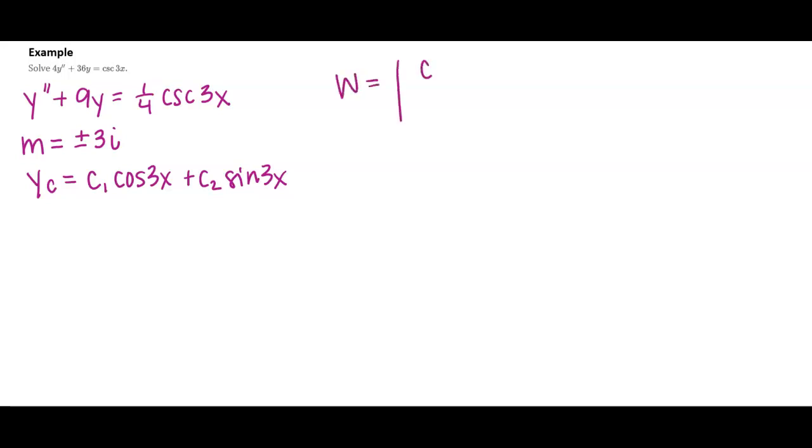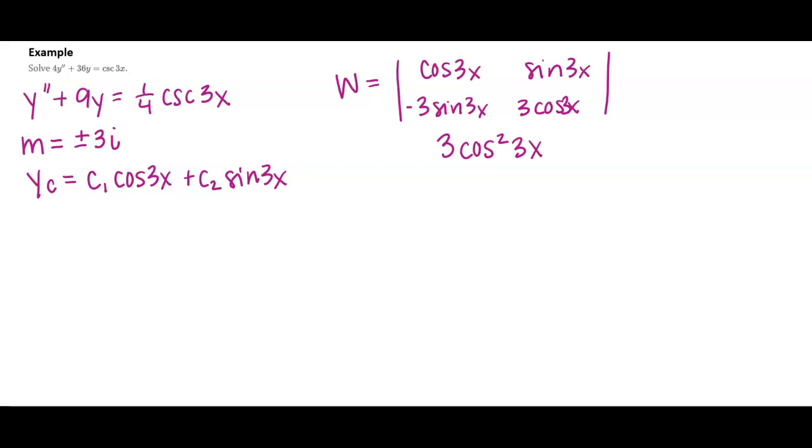My overall Wronskian, I have y1 and y2. I take the derivative. And then once I take the determinant, I get 3 cosine squared of 3x minus negative 3 sine squared of 3x, which ends up giving me 3.